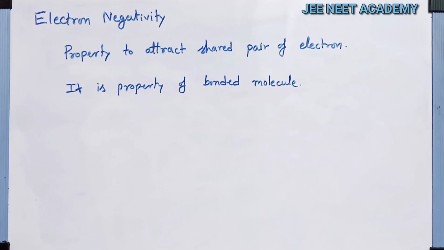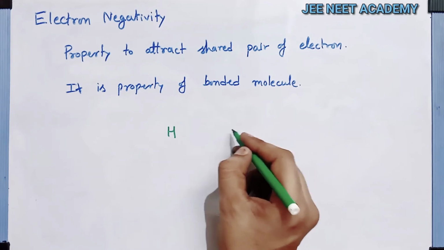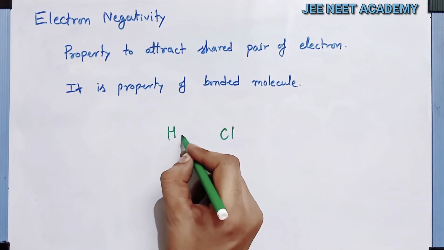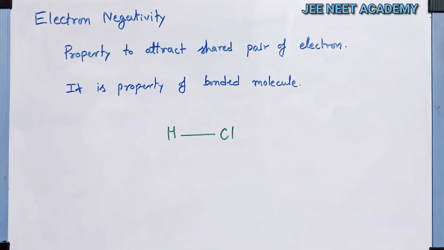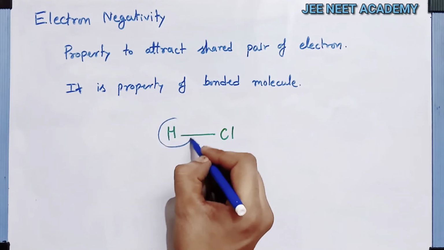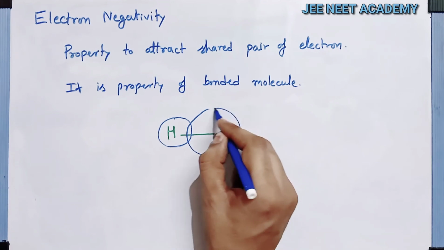For example, hydrochloric acid, HCl: hydrogen and chlorine are bonded with a bond. This is hydrogen and this is chlorine.